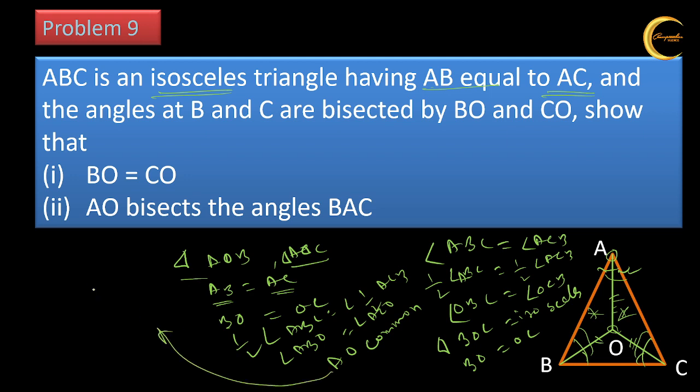So now we can say triangle AOB equals triangle AOC. So angle BAO equals angle OAC. Okay. So we can say this AO line is the bisector of angle BAC.